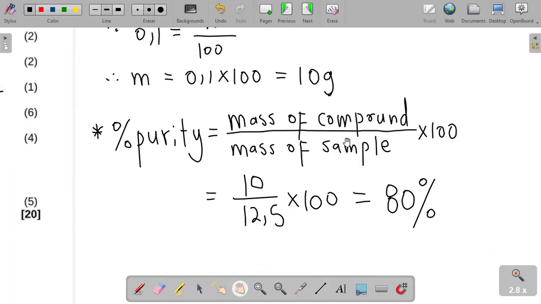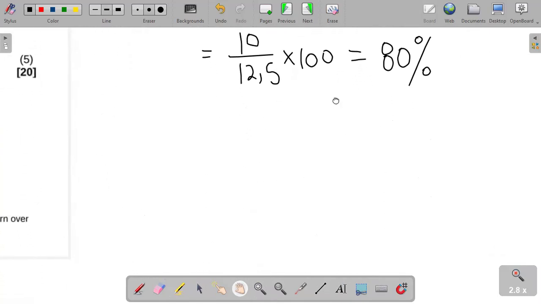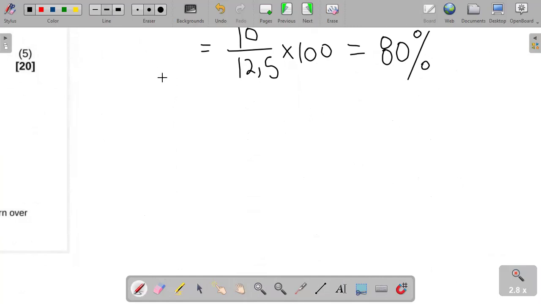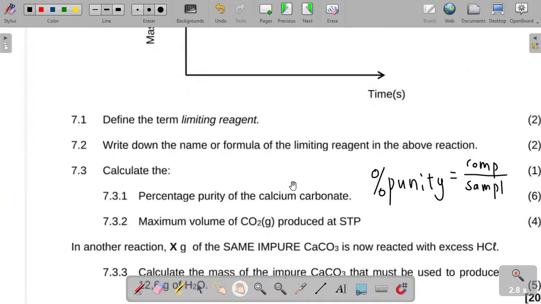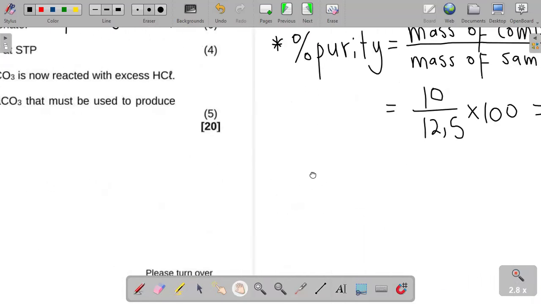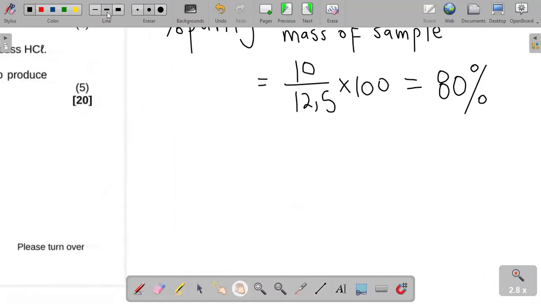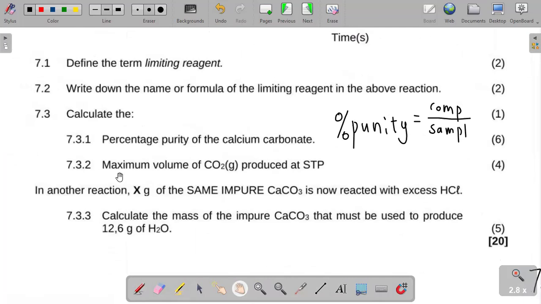So let's go to 7.3.2. Maximum volume of CO2 produced at standard temperature and pressure.